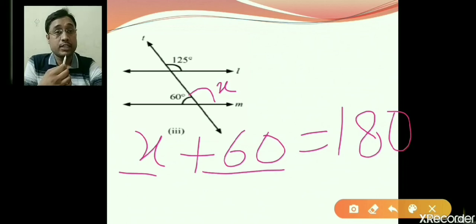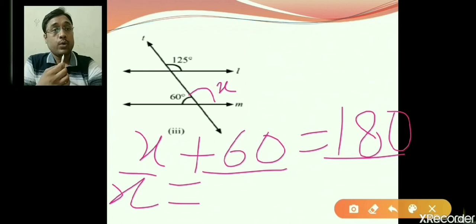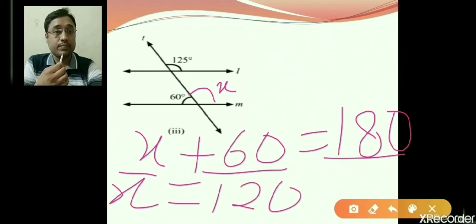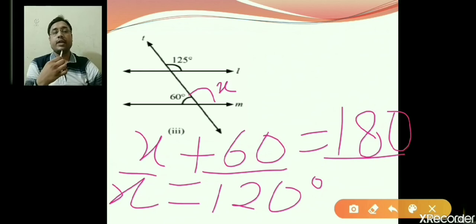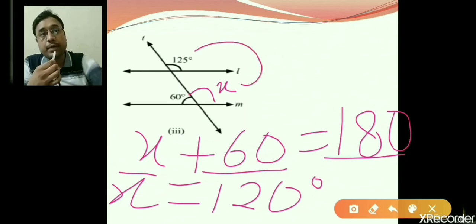So here x plus 60 is 180, then x equals 180 minus 60, then you will get 120 degrees. You take this 60 to the right side, so 180 minus 60 is 120 degrees. X equals 120 degrees, but at the same time you see its corresponding pair.